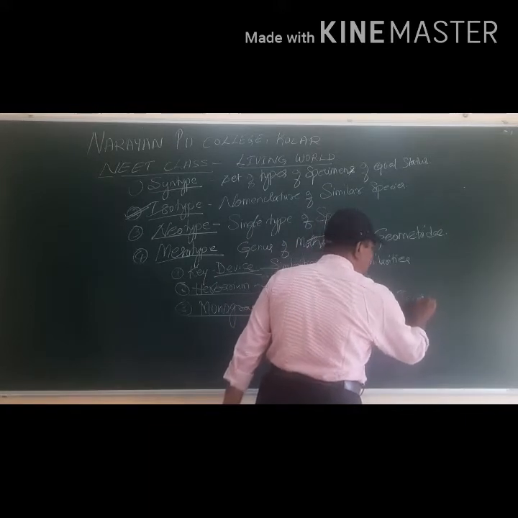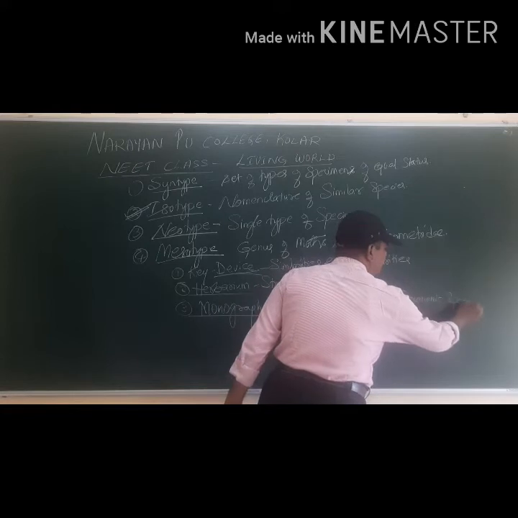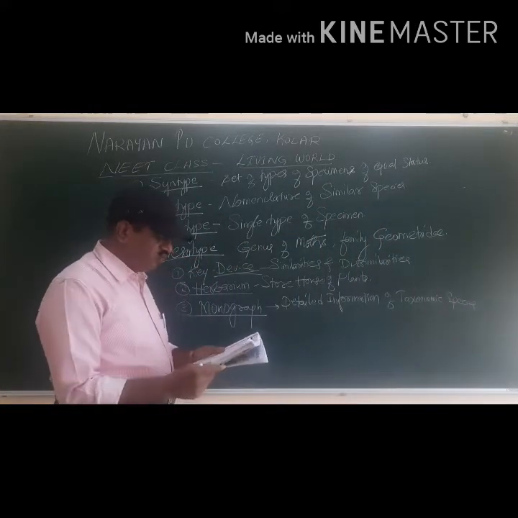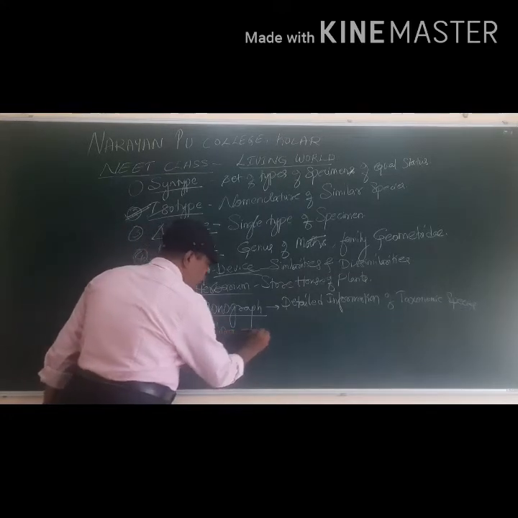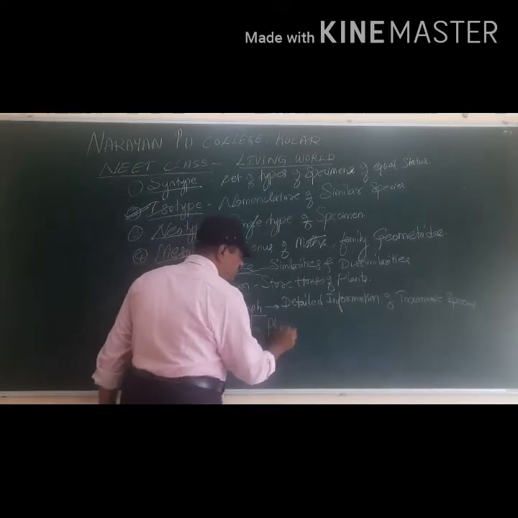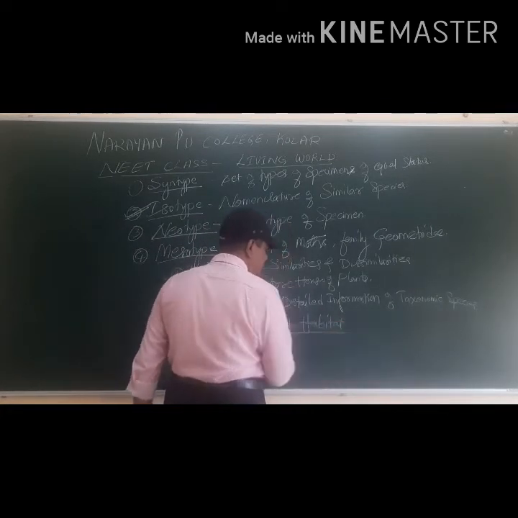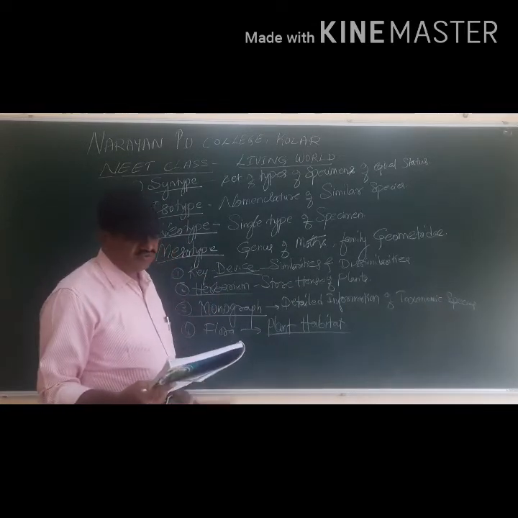This is called monograph. And the fourth one is called flora. Flora is nothing but the study of plant habitat, a place where the plant is growing. These are the four options.